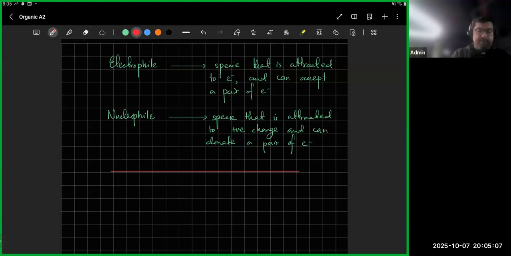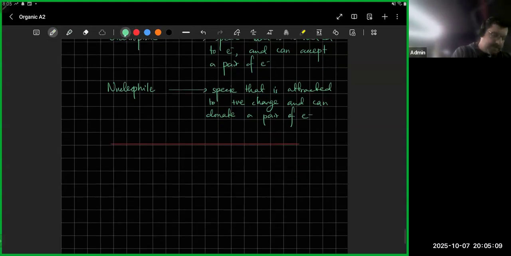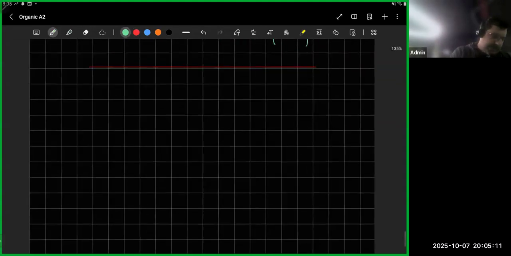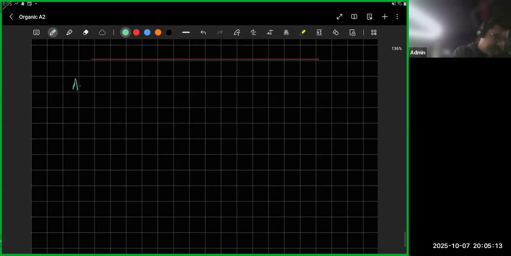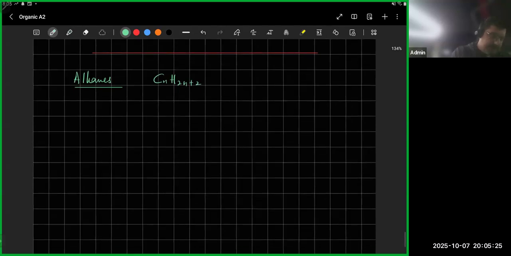अच्छा, alkanes में कोई खास नई चीज नहीं है। It's just the same old alkanes, but we'll quickly do that. कि alkanes were CnH2n+2, and they were called saturated hydrocarbons.